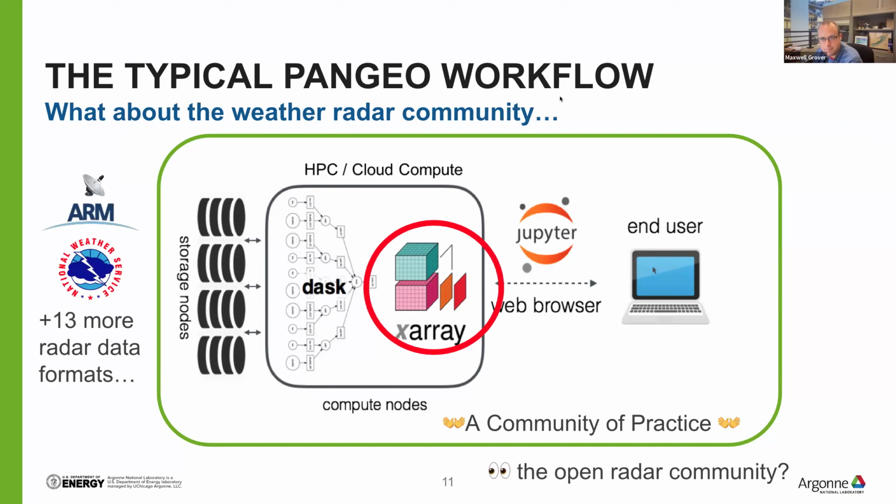But the problem is we have all these different radar data formats. We have some that are NetCDF-like. It's a special flavor of NetCDF that fits the different sweeps and everything in there. We also have a whole variety of binary data formats that are each specific to different vendors, because each of those instruments has a company that makes them and generates the software, and it's not all the same.